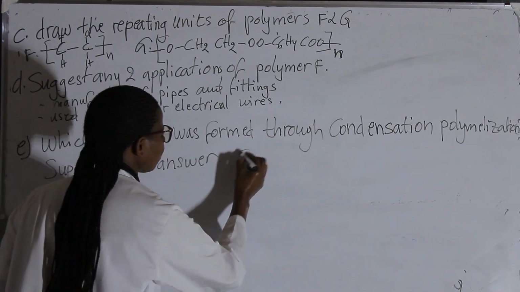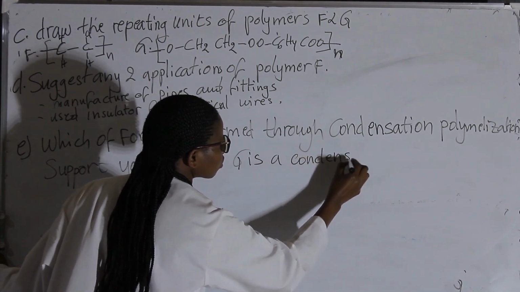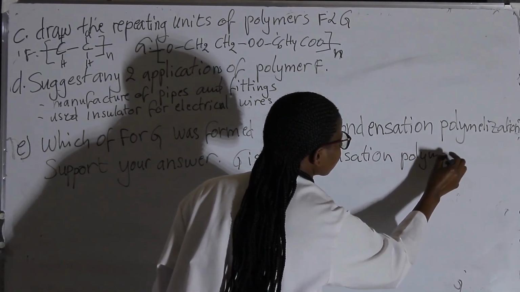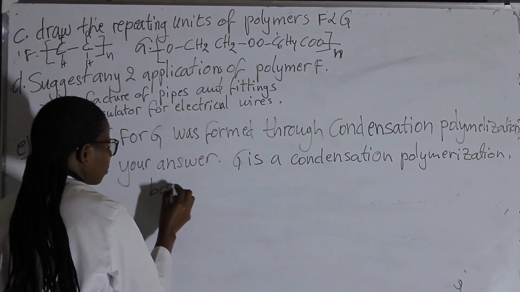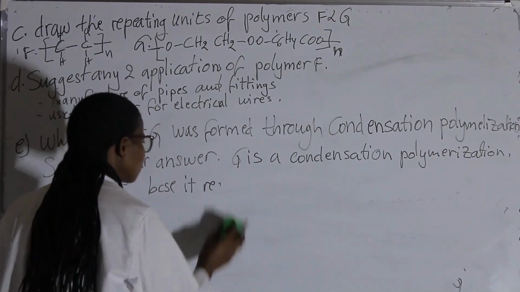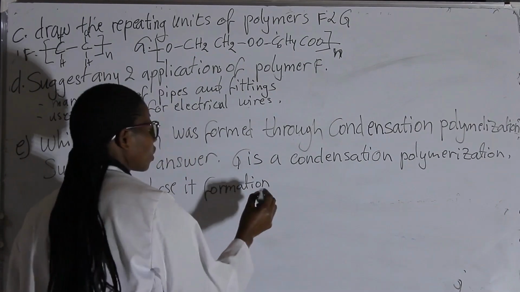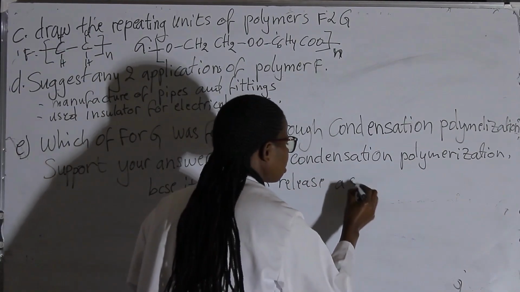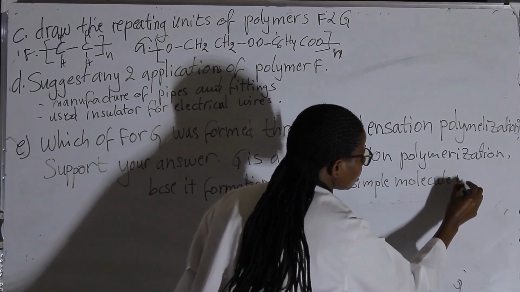That's why G is condensation polymerization, because its formation releases a simple molecule, which is water.